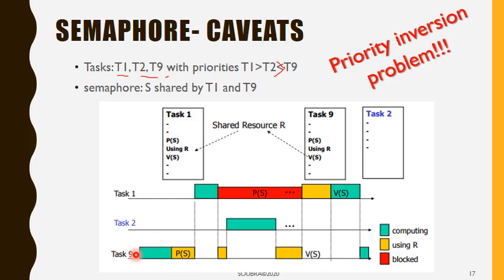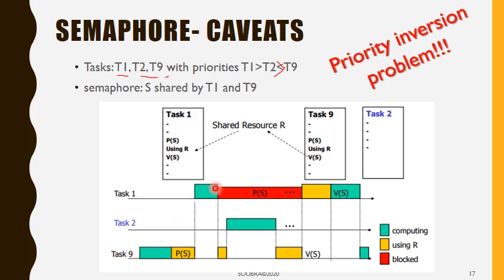So what we do is we inherit the priority of the highest priority task that is meant to take the semaphore as well.